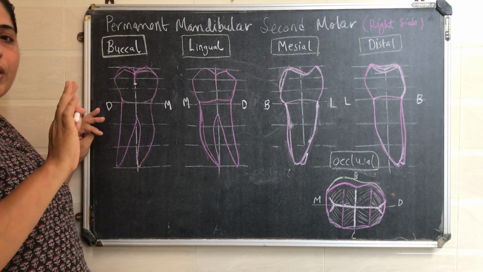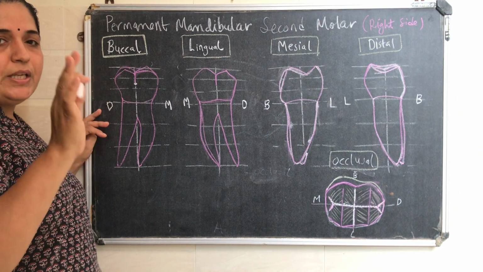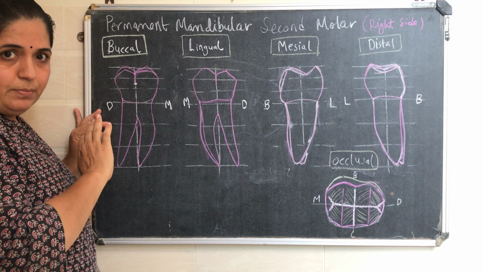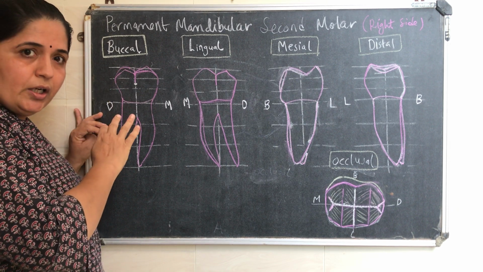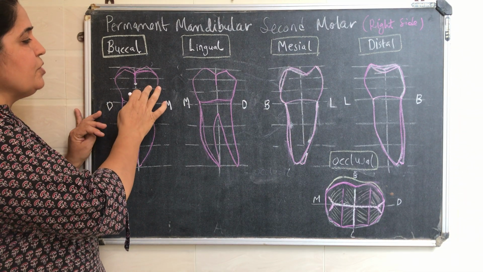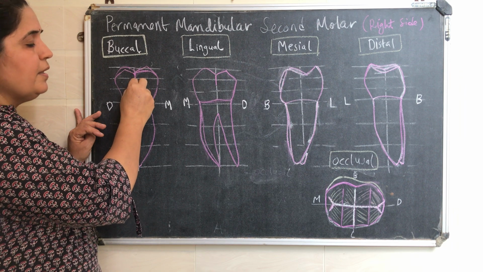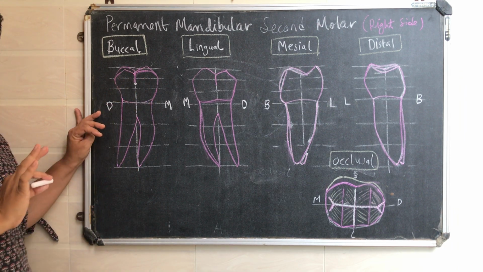In first molar, from the buccal aspect, you can see two grooves separating the three cusps. Here only two cusps, so only one groove is seen, right? Between the mesiobuccal cusp and the distobuccal cusp, that is the buccal developmental groove, right?